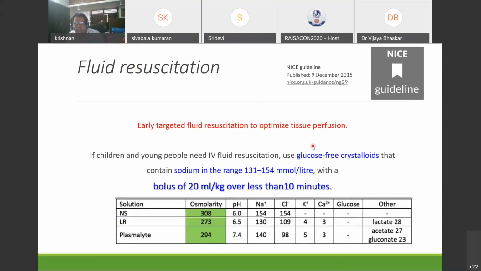How do you use it? Glucose-free crystalloids, because when the patient is in shock, the patient will be hypoxic. We know if you give glucose, hypoxia with dextrose will produce brain damage. So glucose-free crystalloids with 131 to 154 sodium, we give 3 boluses, and these are the fluids that are used.